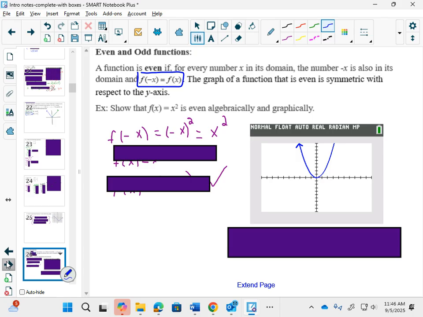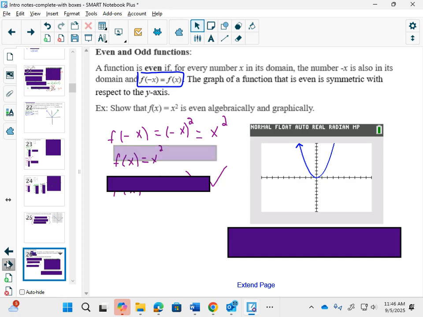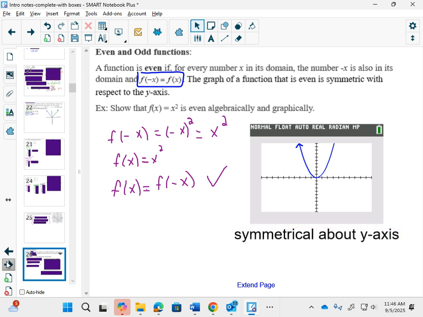Function notation, which we were practicing yesterday, says you're now going to replace each x with the negative x. And negative x, put in brackets, when you square it, just becomes x squared. So f(-x) is also x squared, and we can say that what we want to prove algebraically is true. It is even. It is symmetrical about the y-axis.